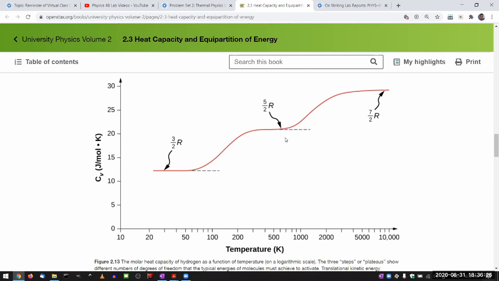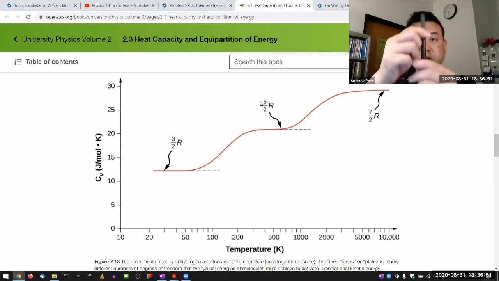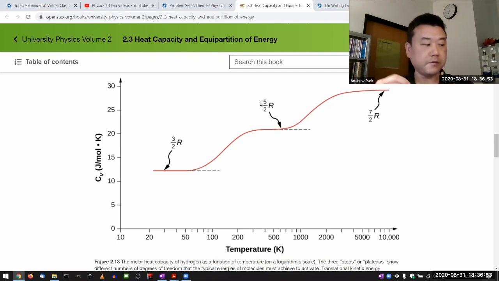So for the purpose of this class, for a diatomic, that is molecules like nitrogen, N2, or oxygen, O2, and I guess CO2 gets more complicated, so we won't deal with that. For diatomic gases, the degree of freedom is 5, and where that comes from is rotation about axes.